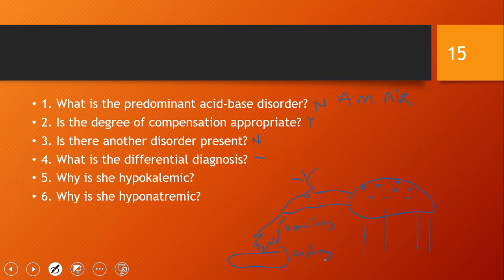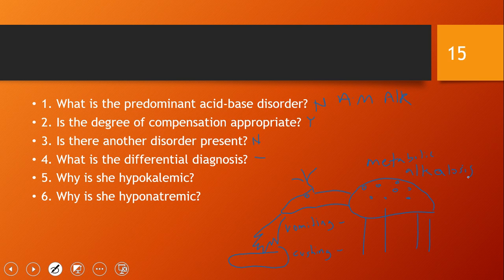So vomiting and Cushing's stand for metabolic, or metal ball, alkalosis. So there it is. That'll help you remember. That's the differential diagnosis.